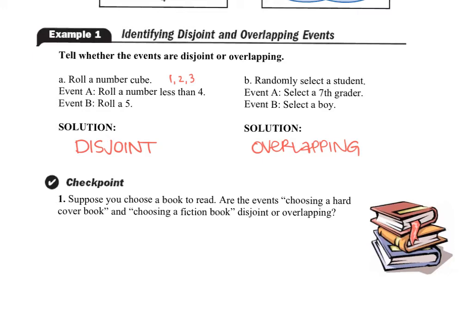So if you're choosing a book to read and your events are choosing a hardcover book and choosing a fiction book, these would be overlapping because it would be possible to have an outcome that falls into both events. You could have a hardcover fiction book, and so therefore because outcomes can overlap, these would be overlapping events.